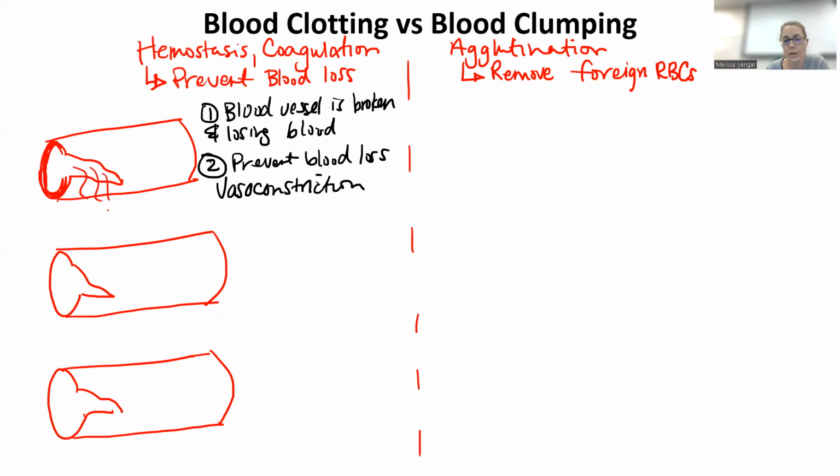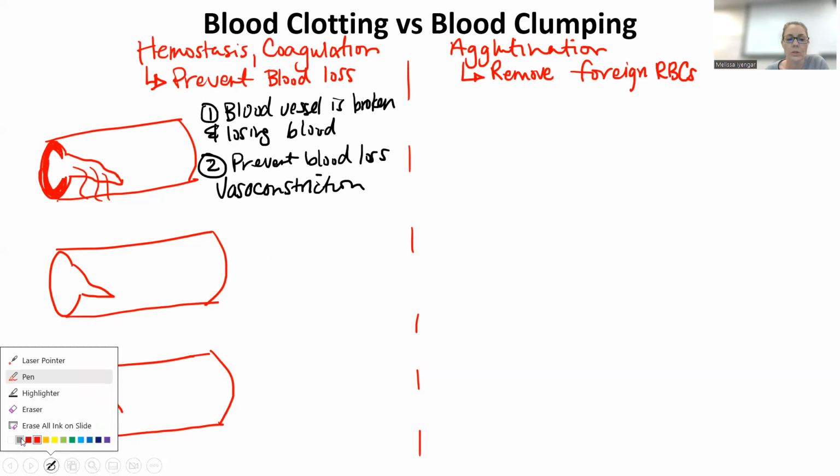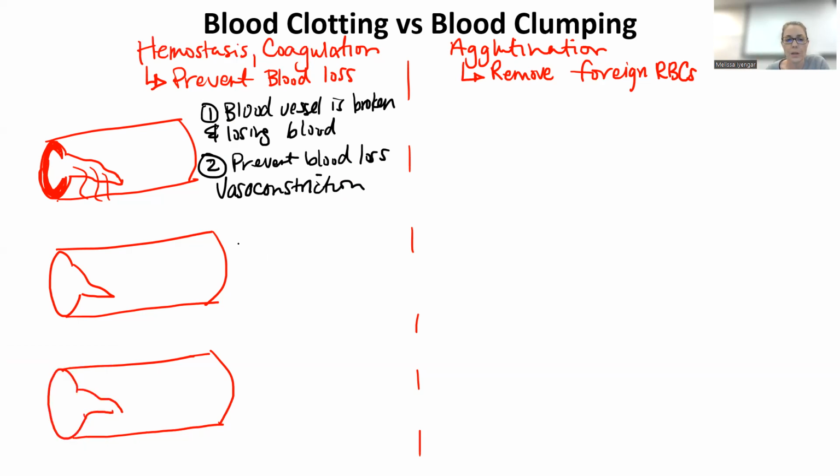So just imagine blood spilling out. When you vasoconstrict, you're going to get a smaller lumen. So what that means is your blood vessel opening gets smaller so that less blood flows through it and you lose less blood. So you write some extra notes there, okay?